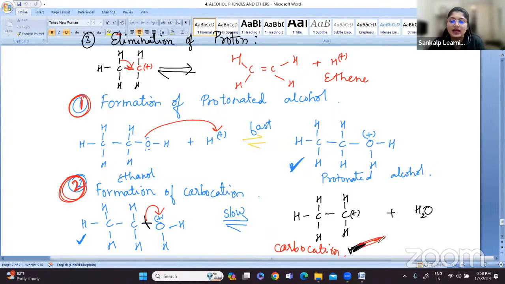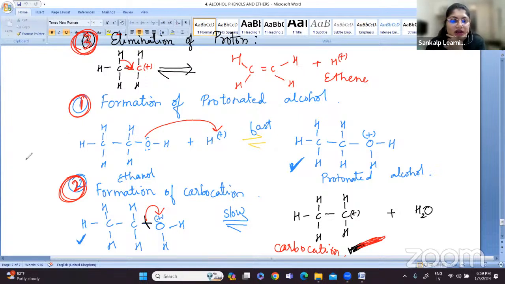Now, in the third step, there will be elimination of proton. The bonds will get rearranged and you will get ethene. There will be elimination of proton from the carbocation and it forms the alkene, that is ethene.